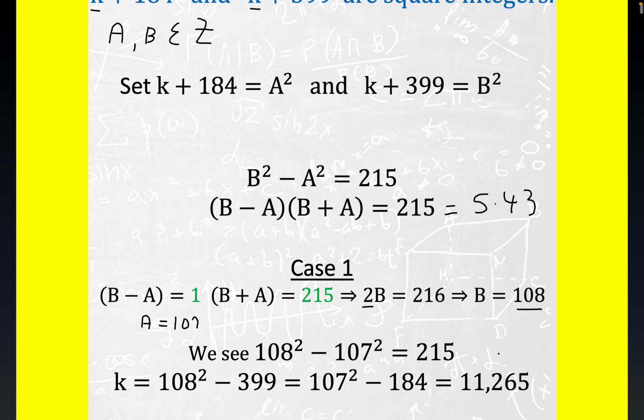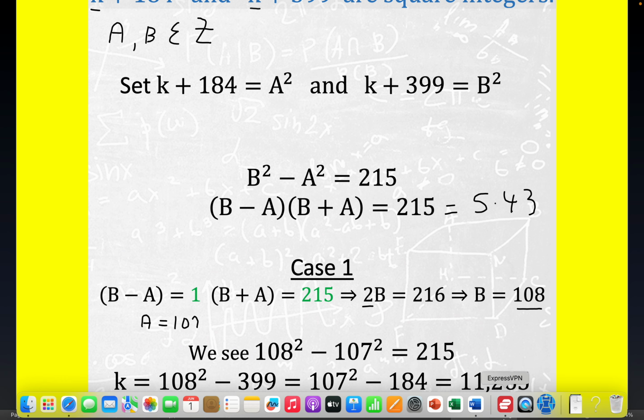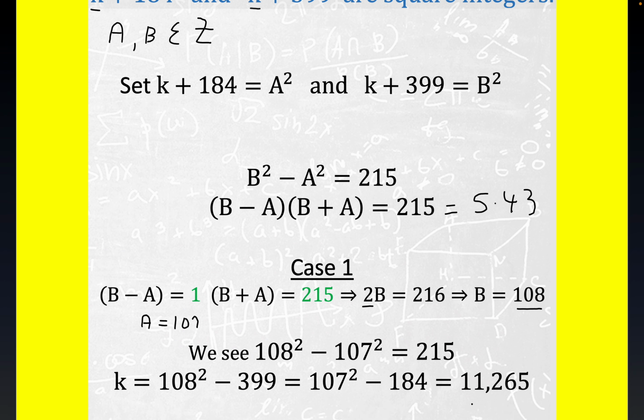And so with 108 as the choice, we would get k equals to this value right here. Just for emphasis, I wrote down two restatements of these two objects. You don't necessarily have to do that, but both of them have to yield arithmetically the same result. In this case, it's the number 11,265.